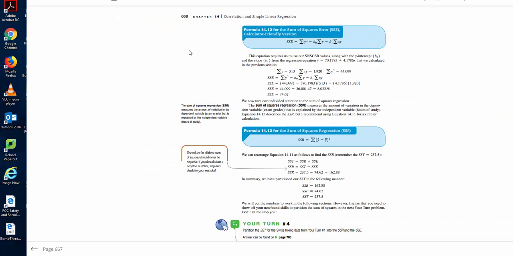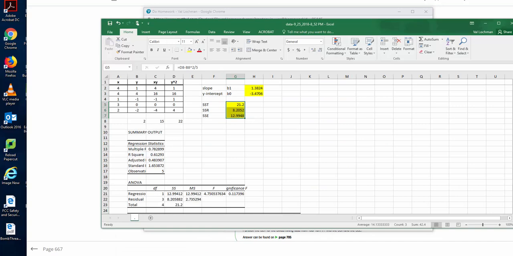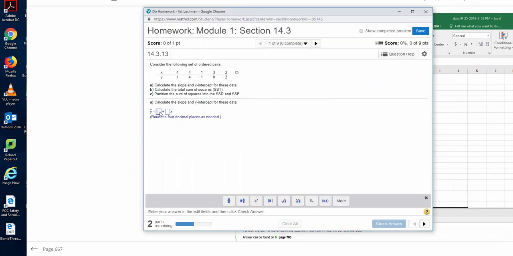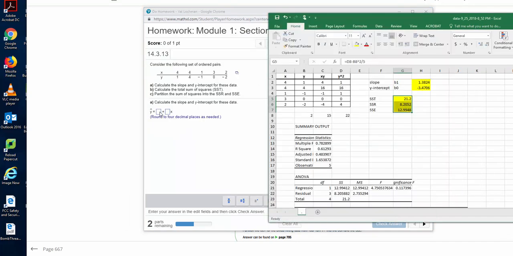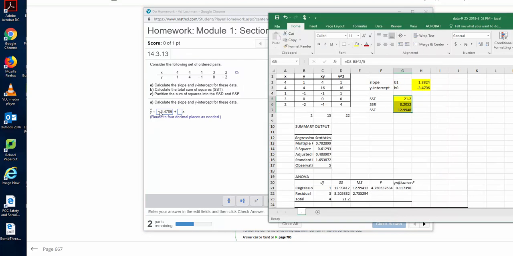So let's go back to our assignment. Where are we here? Okay. And fingers crossed, let's see. 4 decimal places. So what is the y-intercept? Negative 3.4706. Okay.